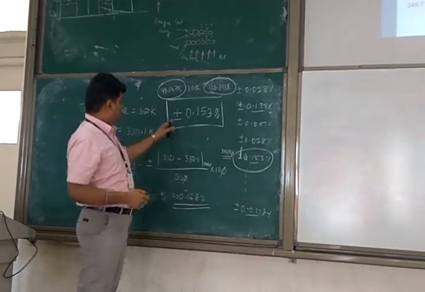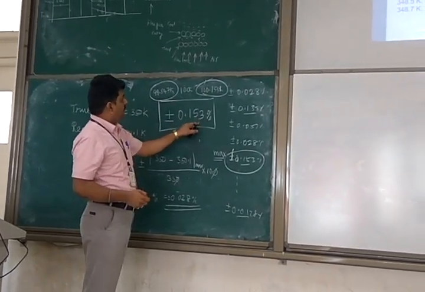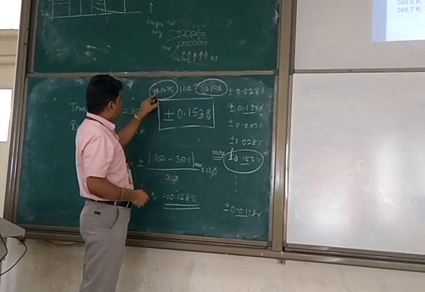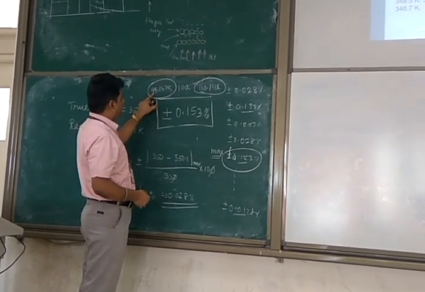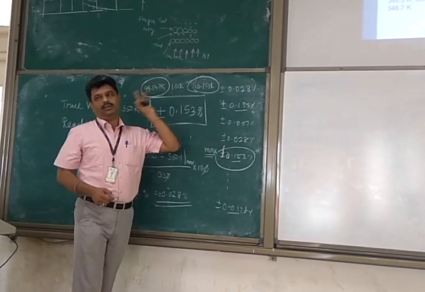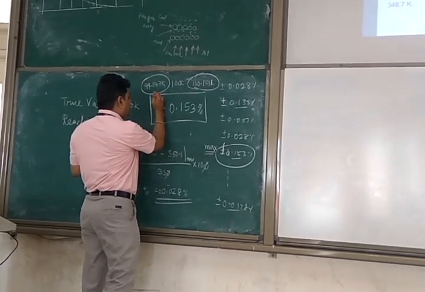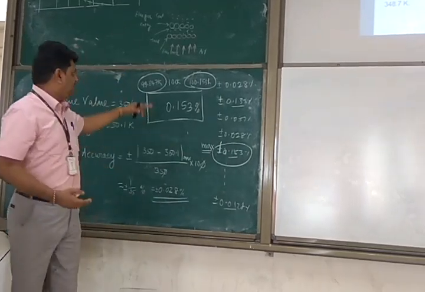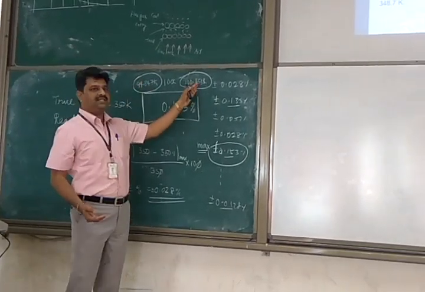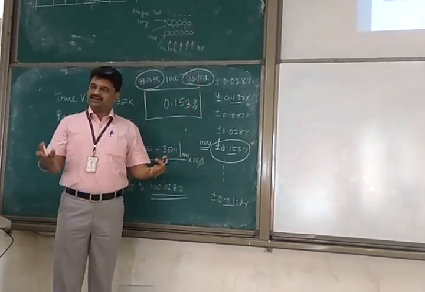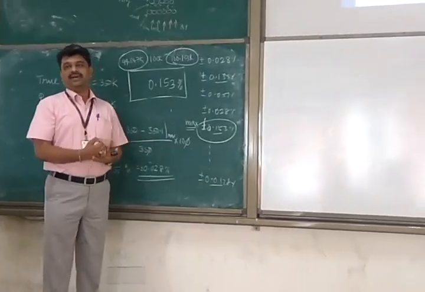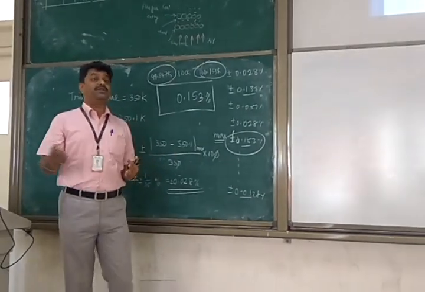So by plus or minus 0.153 percentage, I mean the actual reading could be from 99.847 to 100.153. Suppose I ignore this, then what is it that I am conveying? This is the right answer. From this to this is the range that there is a possibility of maximum error that the instrument can make.